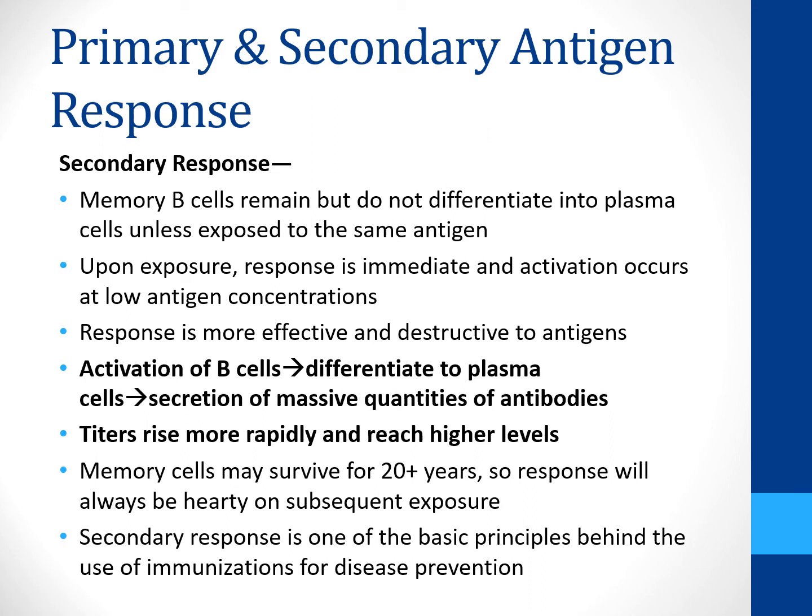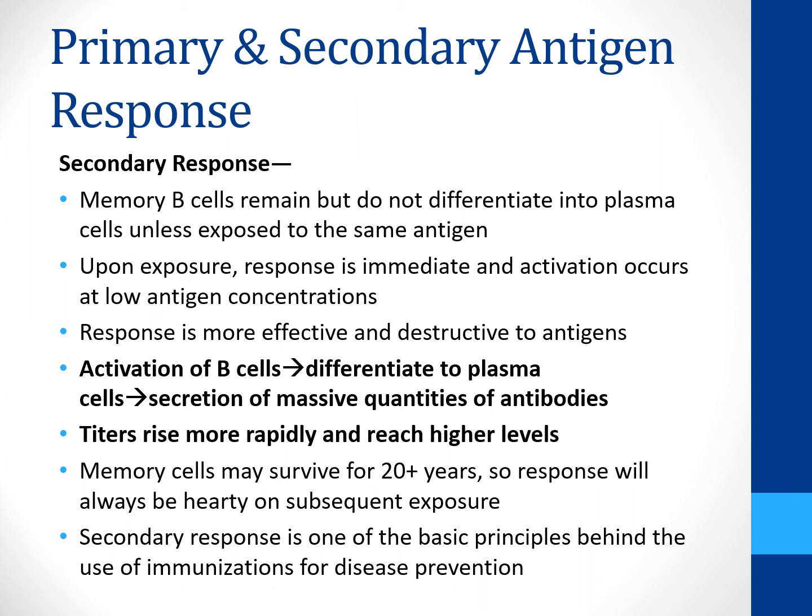So you don't have to wait for the differentiation of the plasma cells and all of that to happen slowly. It happens really, really quickly. So B cells get activated, they immediately differentiate into plasma cells, and those plasma cells start secreting a massive quantity of antibodies.